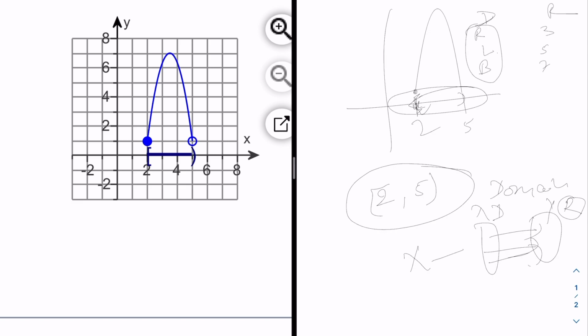Then now Ram 3, Ram 5, Bharat 3, Lakshman 5. Is this a function? Yes or no? If you said yes, then you are wrong, you don't know what a function is. And those who said no, they are correct. So this is not a function.